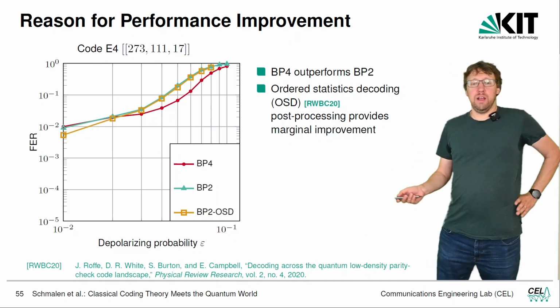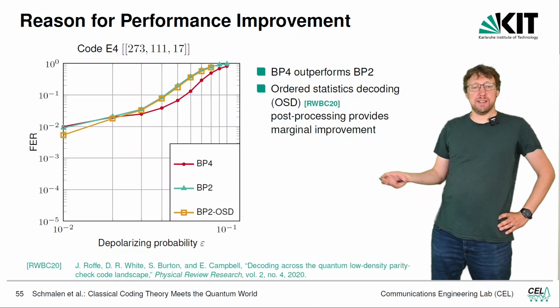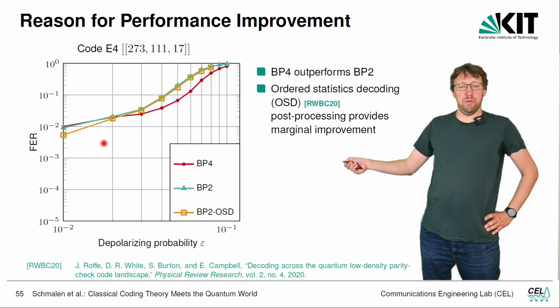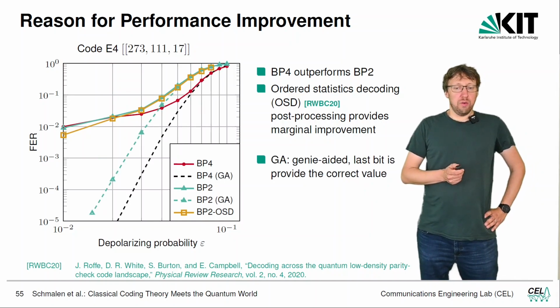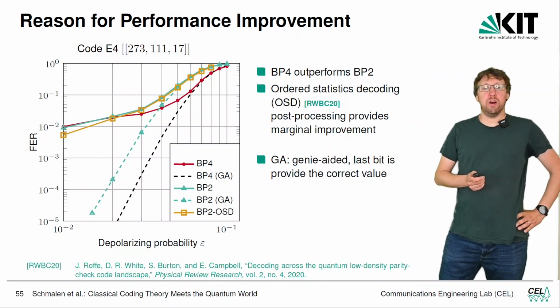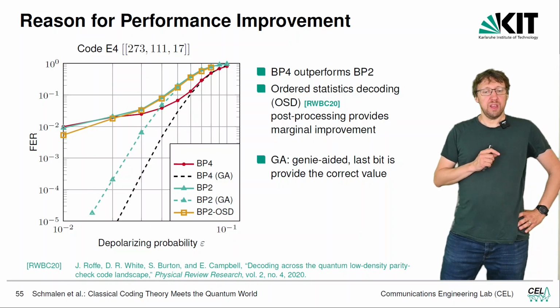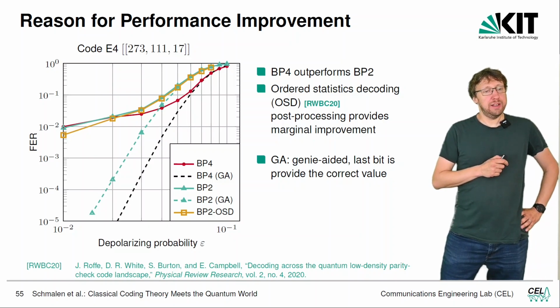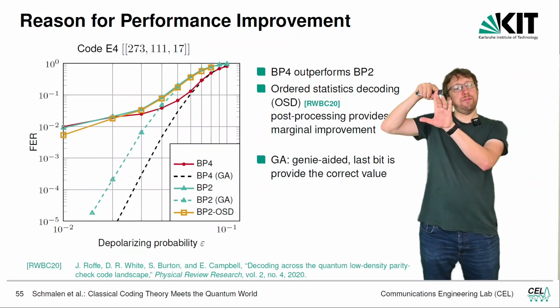If you extend the BP2 decoder with the post-processing, in this regime you have an improvement, but in this regime you don't have an improvement. So now if you use a BP2 decoder with genie-aided decoding, or BP4 decoder with genie-aided decoding, which means we have our code and we have this problem on the very last position.